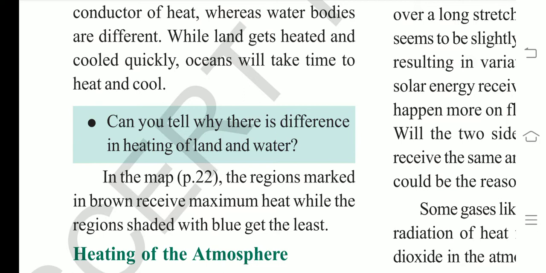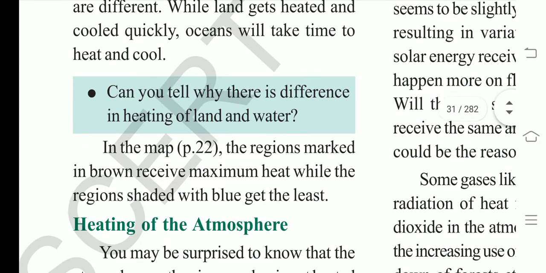So due to this, what do we see? When land heats up very fast, the temperature on the land is higher than the temperature recorded on water bodies. That means the temperature is different on the land part and the water part, right?